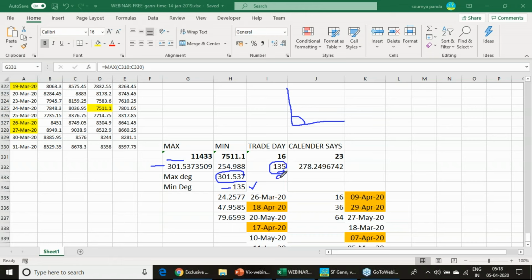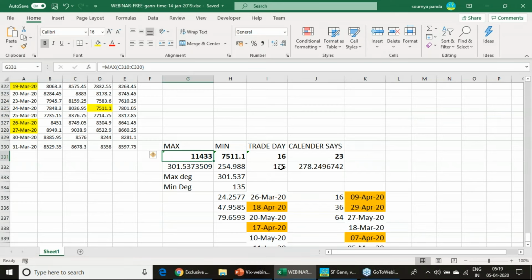For this, if you subtract 90, or a multiple of 90, the remaining part is 45 degree. This 45-degree trend line, if you draw in a price time chart, is equivalent to 135 degrees. However, mathematically its meaning will be different. So here you are not going to draw any line.